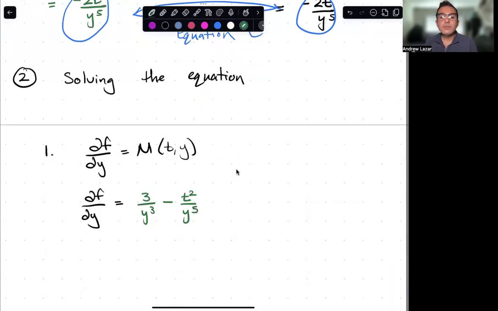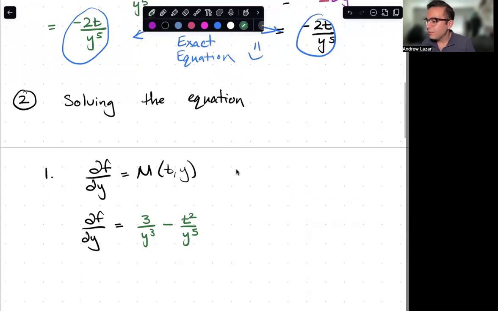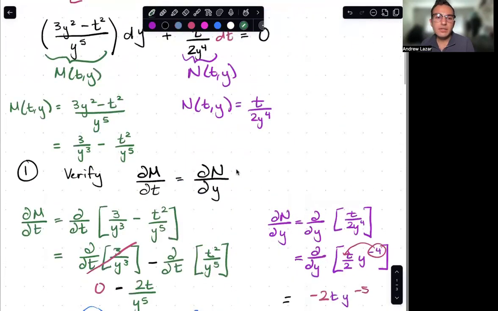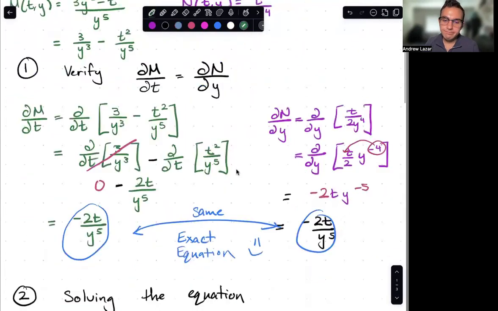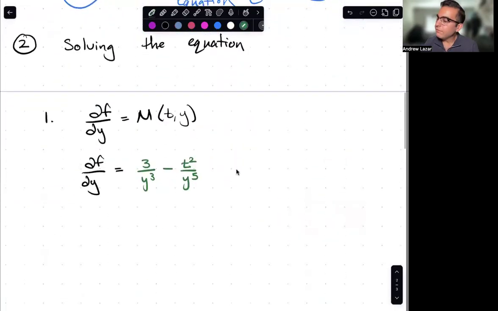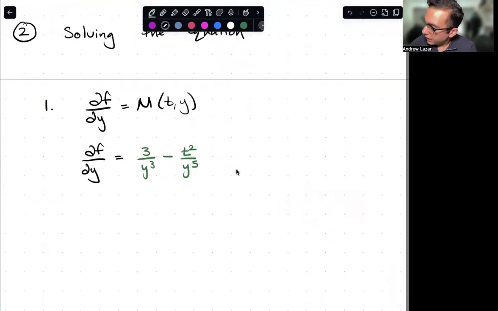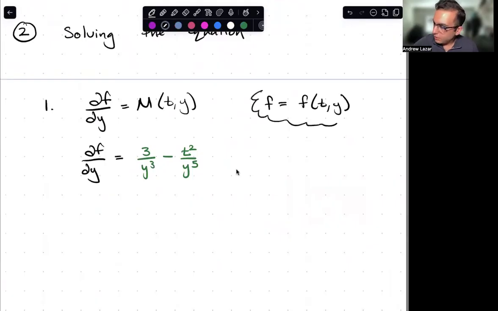You're going to find that you work with a lot of functions in this section of differential equations, so you might have to refer back to previous work, so just make sure you write out detailed work. Okay, and by the way, f is equal to some function f of t, y. Okay, so that's what we have in the back of our minds.